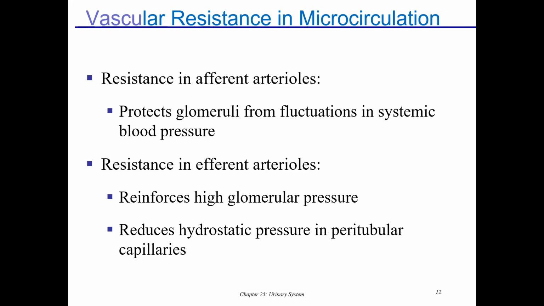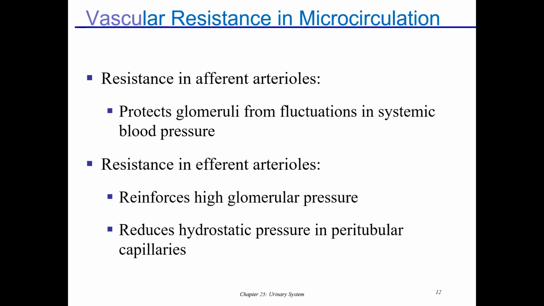The problem comes in where our own systemic blood pressure starts rising. If the blood pressure is 120/80, we're happy, we're good. That's a nice number. But what if it goes to 200/100? That's going to affect the glomerular pressure too. And so one of the long-term consequences of hypertension is kidney damage, because you're pushing this higher pressure blood into the afferent arteriole.